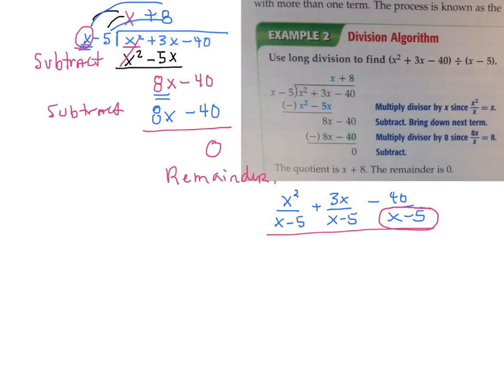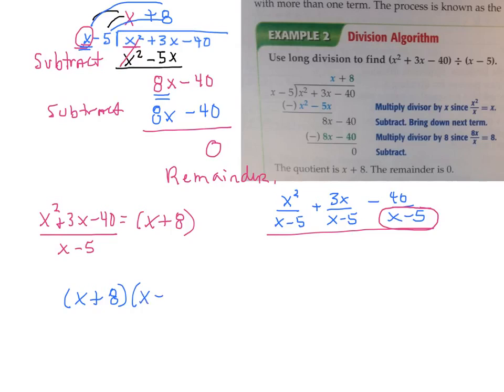It also tells me that if I take x squared plus 3x minus 40 and divide by x minus 5, my answer is x plus 8. What else does that tell me? It also tells me that x plus 8 times x minus 5 equals x squared plus 3x minus 40.